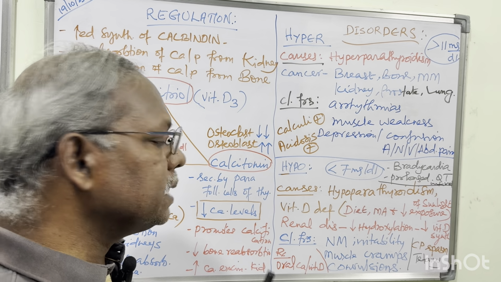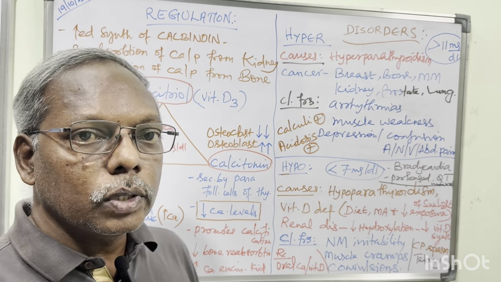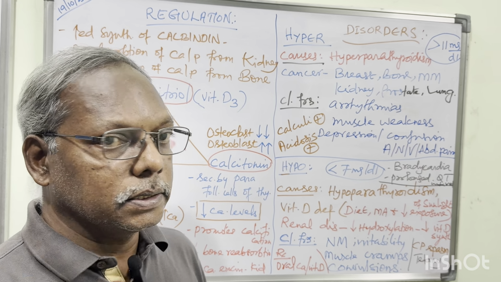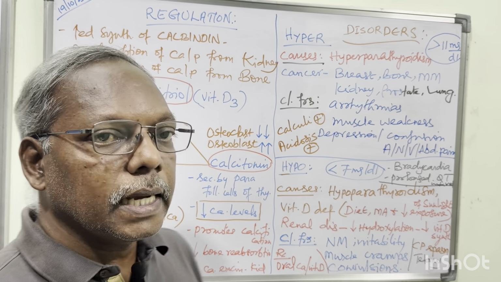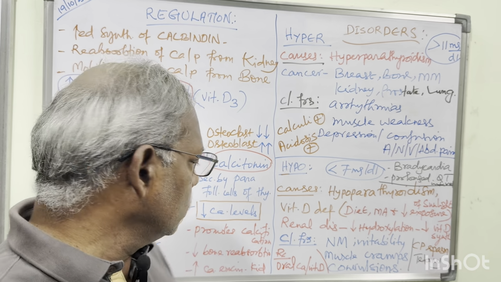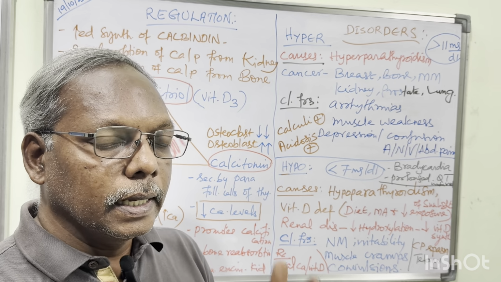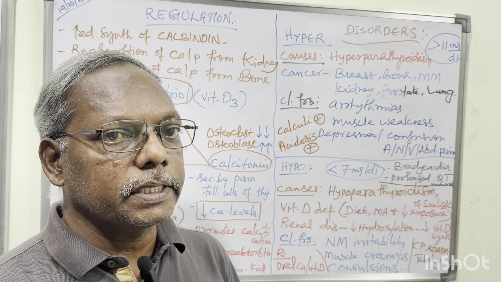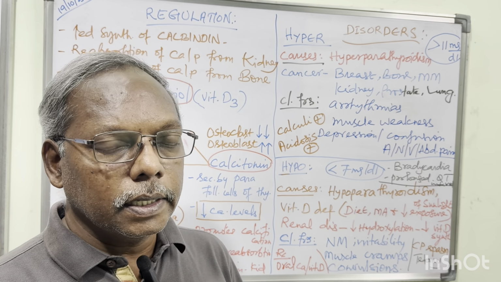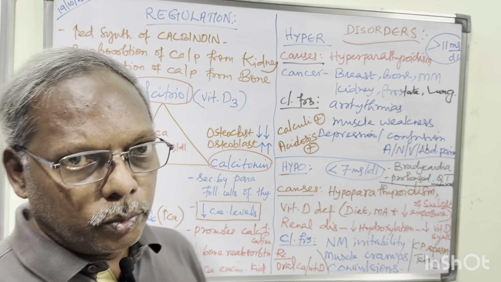It promotes the calcification of minerals and decreases bone resorption, and increases the calcium excretion through the kidneys in urine. Two factors: decreased bone resorption, and increased calcium excretion by the kidney in urine. Okay, this is regarding calcitonin.